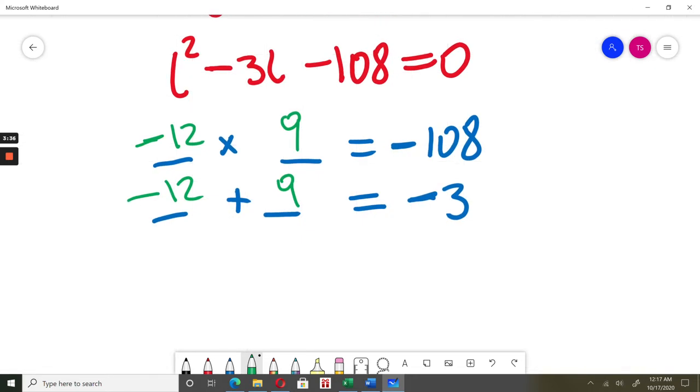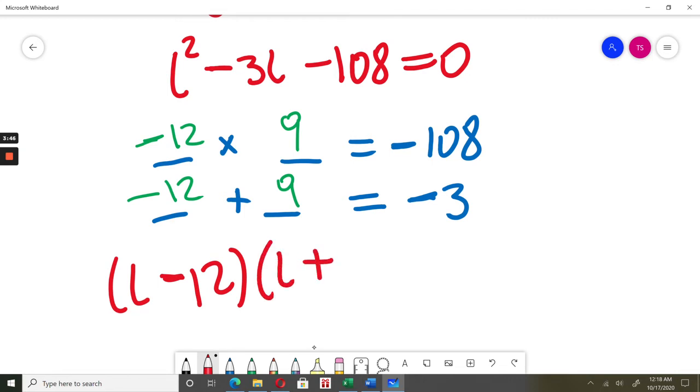That's why, to factorize that, I will just write (L minus 12)(L plus 9) equal to 0.